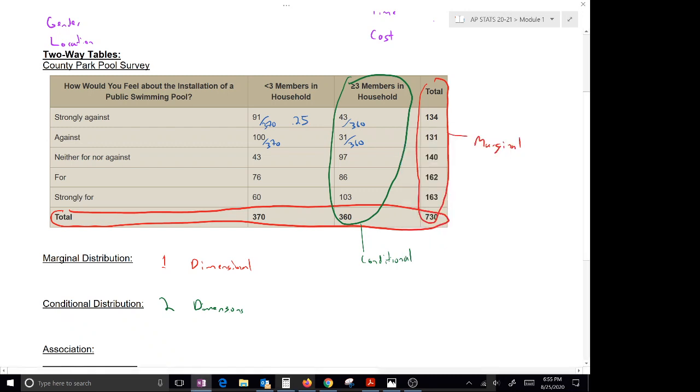And this is about 27% of members who did not have members were going to be strongly against.